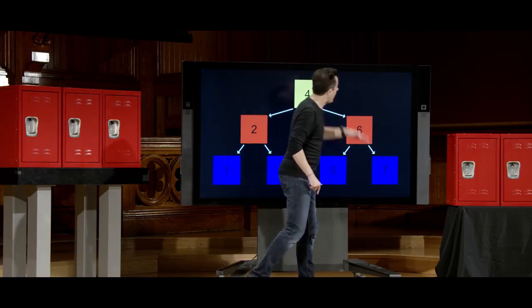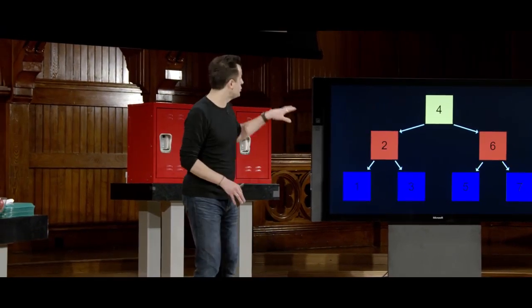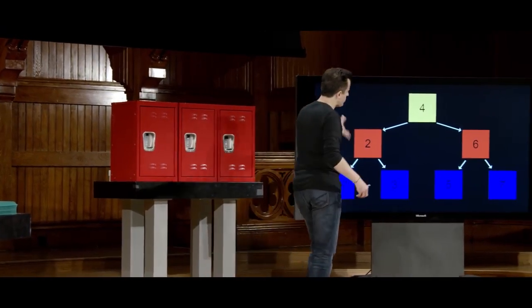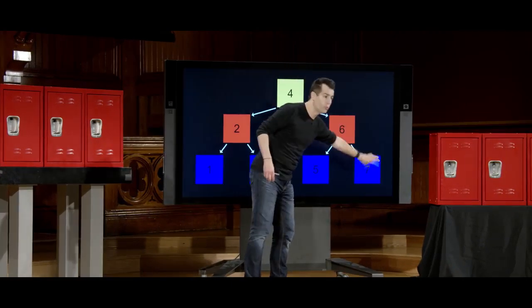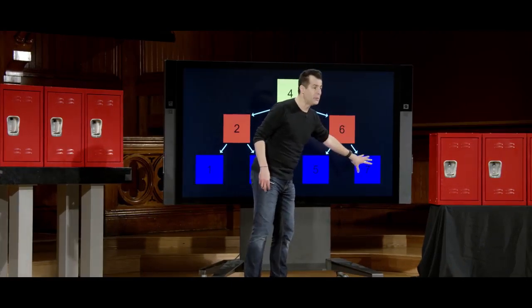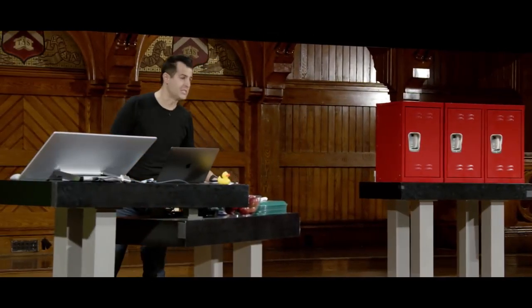And so you go. The height of this tree happens to be logarithmic, for those familiar, log base 2 of n, which is to say I have 8 elements or 7 elements in this tree, but it only takes me 1, 2, 3 steps to find the value. It does not take big O of n or a linear number of steps.